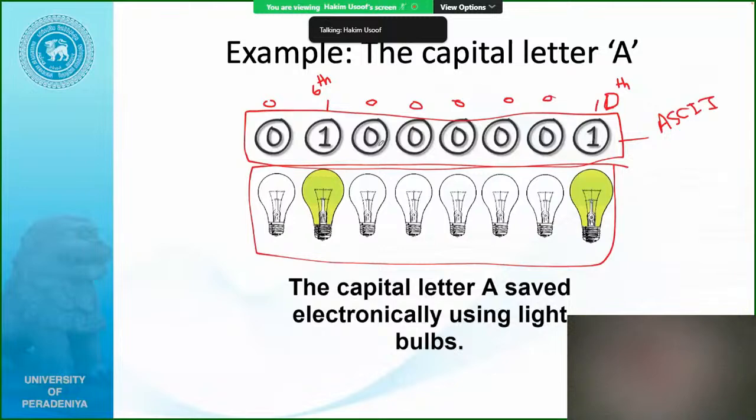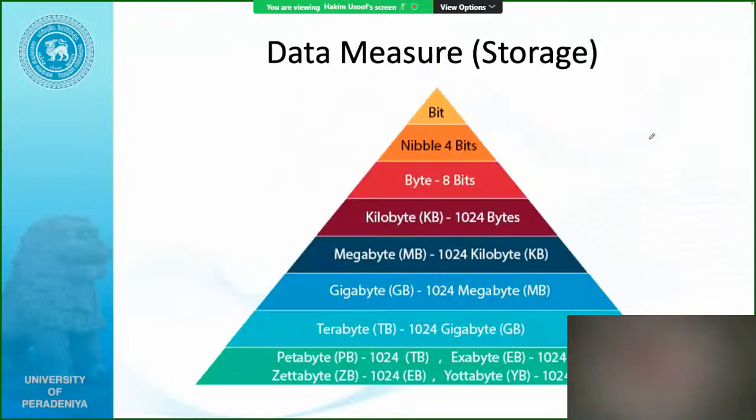It's 01000001, which is equivalent to A. So when it gets this data and it wants to display it on screen, it will display the letter A because it knows it, right? So this is how data is stored. This is what the data is, right? A is the data, but inside a computer, it's stored like this. Okay, right.